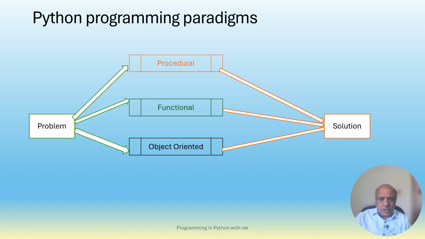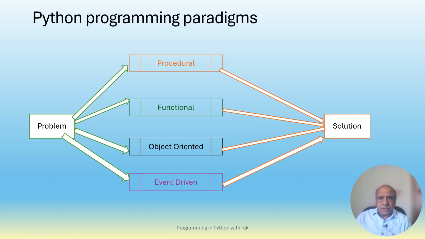Then we can develop a Python program using object-oriented programming, which is basically programming with the classes, and we can also develop event-driven programs using Python. What is event-driven? It is a program which doesn't execute unless the user gives a particular command.